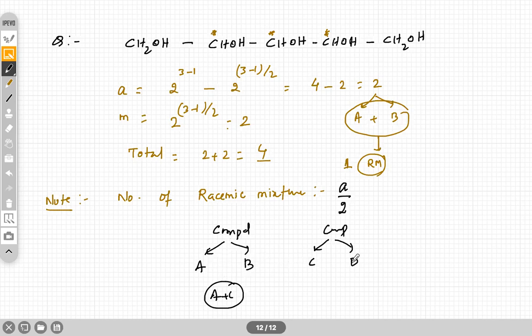Equimolar mixture of B and D won't give you a racemic mixture. Both should be of the same compound. Their molecular formula must be the same. Then only the equimolar mixture gives you the racemic mixture. Simply, the number of racemic mixture is the number of optically active form divided by 2.